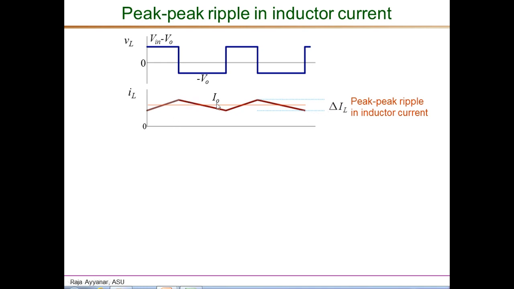So essentially delta IL is defined as the difference between this peak point and either the starting value or the ending value of the inductor current. Now in steady state, the start value and end value by definition have to be equal. So therefore delta IL is from this peak to either the start or to the end.